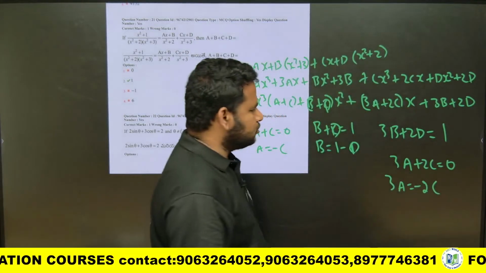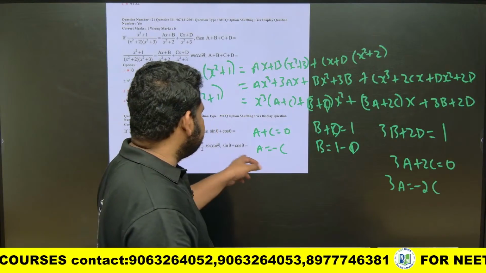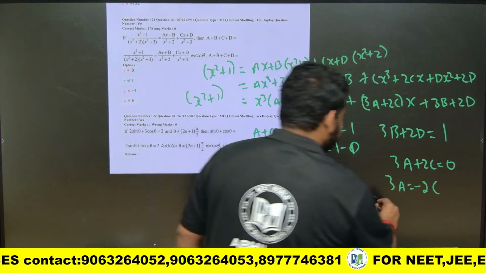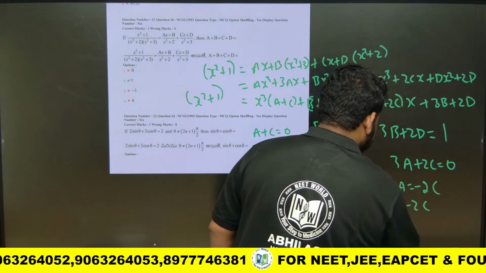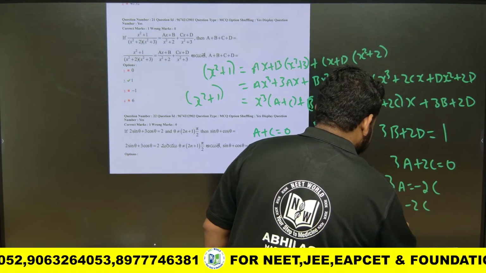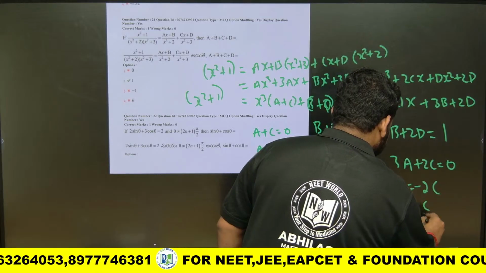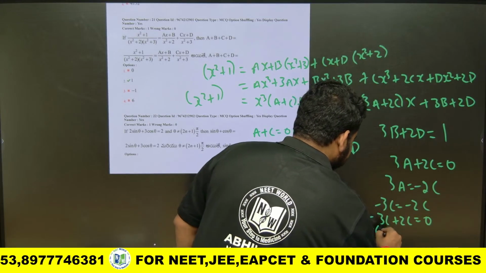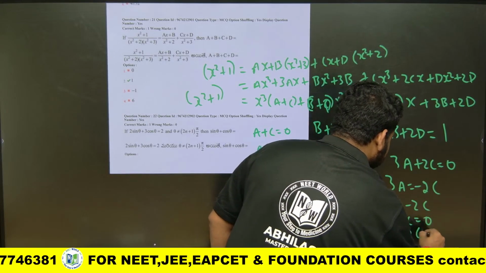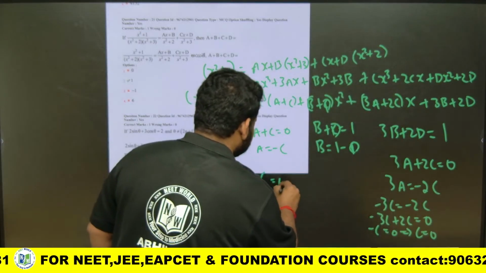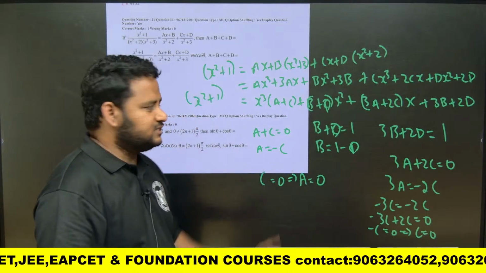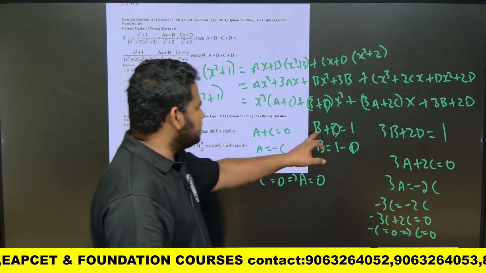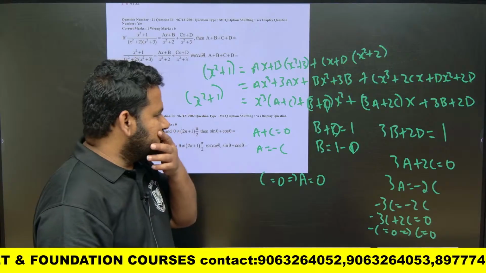If I put a equal to minus c, I get minus 3c plus 2c equal to 0, so minus c is equal to 0. That implies c is equal to 0, so a is also equal to 0. Now b plus d is equal to 1.